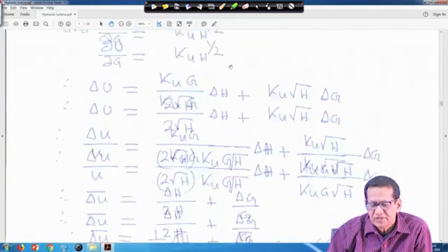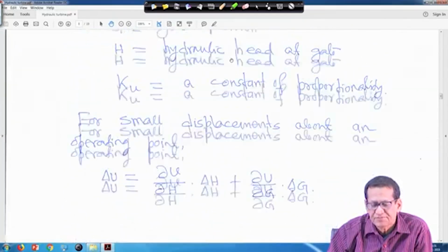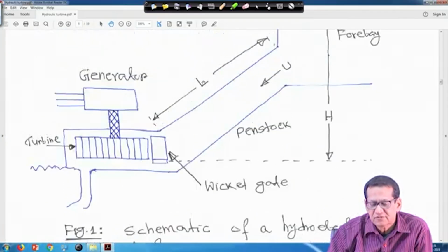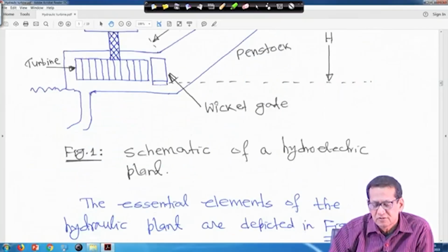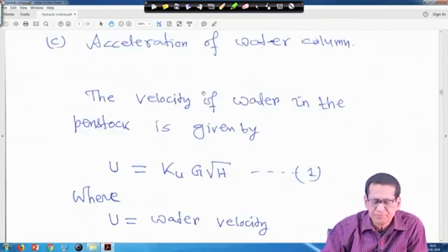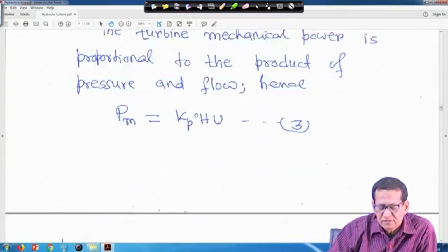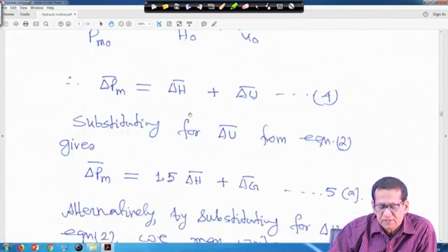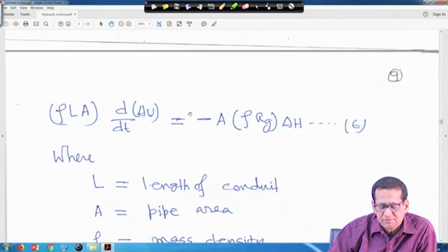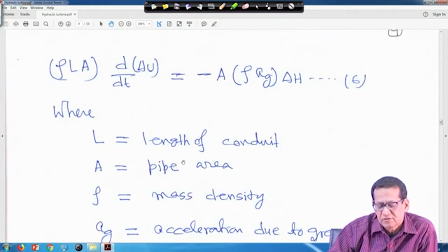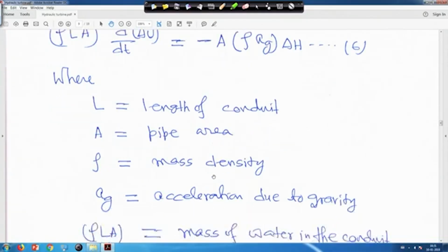So, this is actually your L, and A is the pipe area, and rho is mass density, and Ag is acceleration due to gravity.